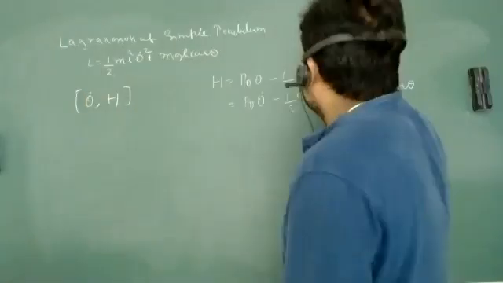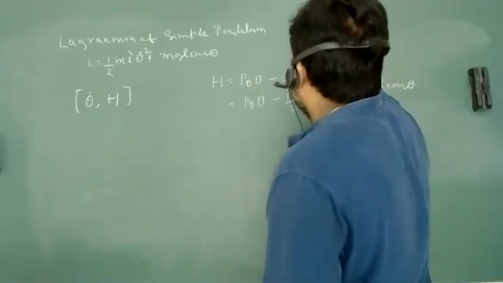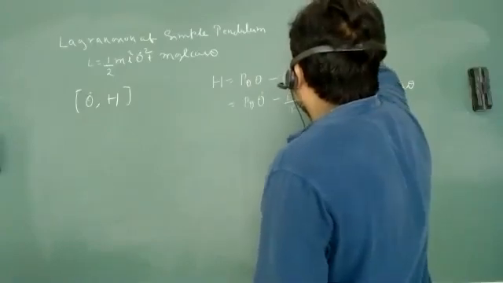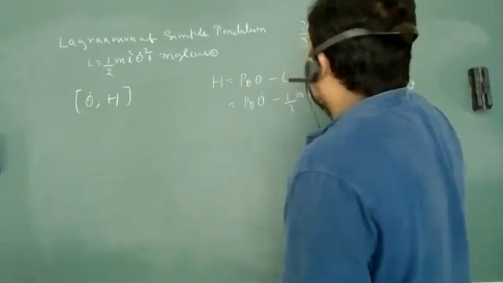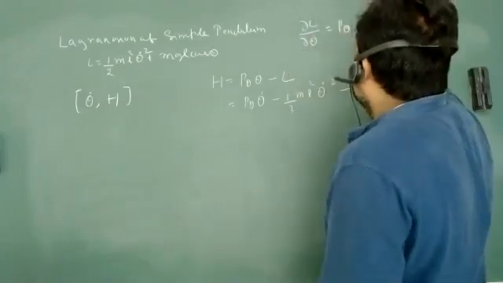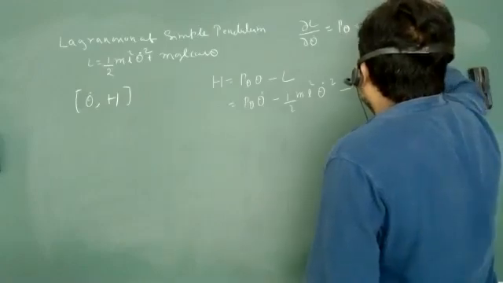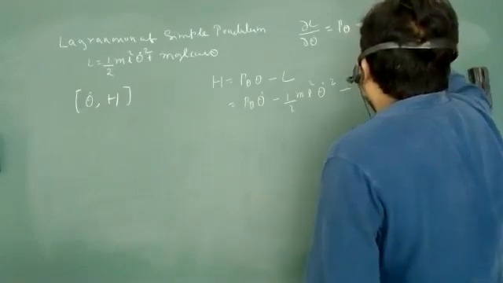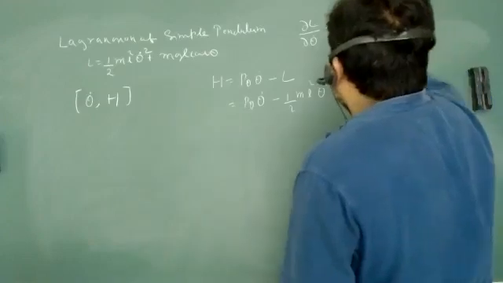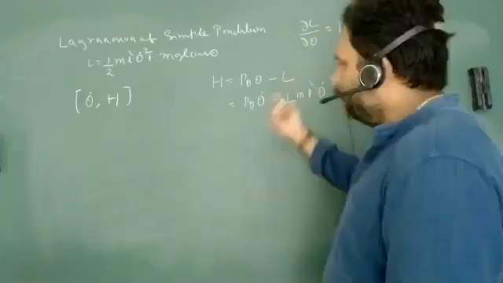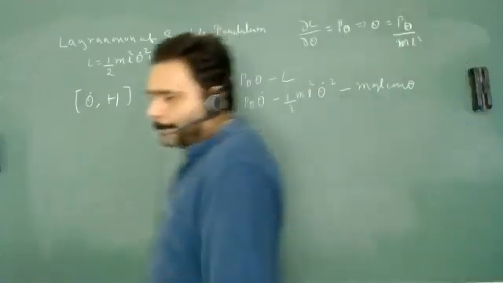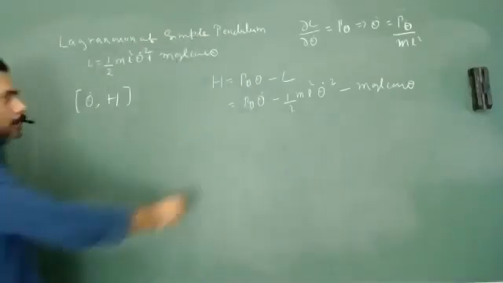So how will you replace it? del L upon del theta dot is equal to P theta, and from here theta dot is equal to P theta upon m l square. So we will just put it here.